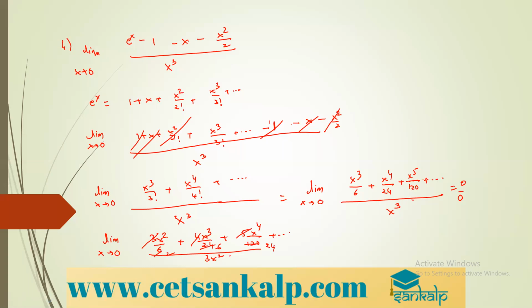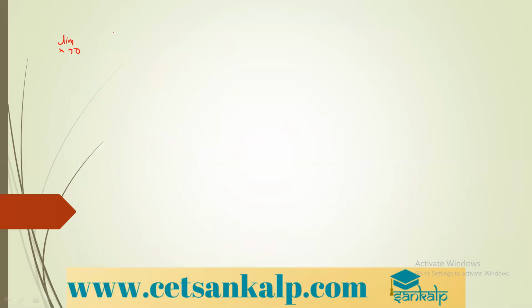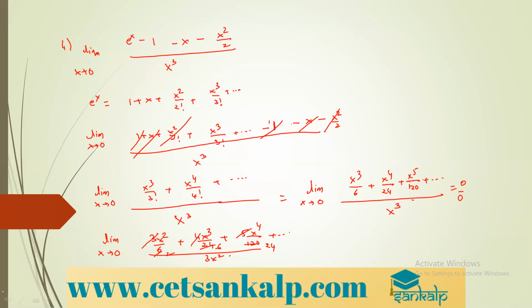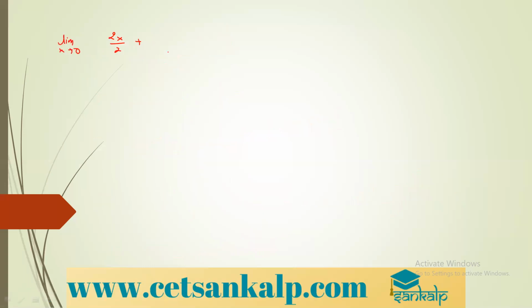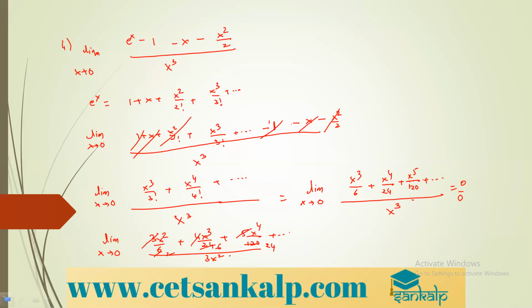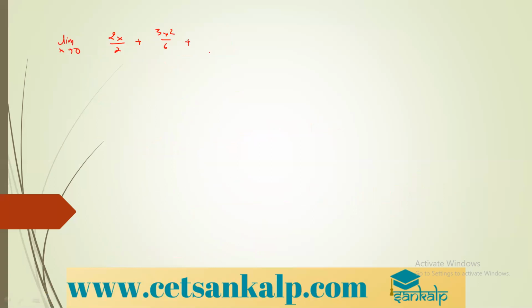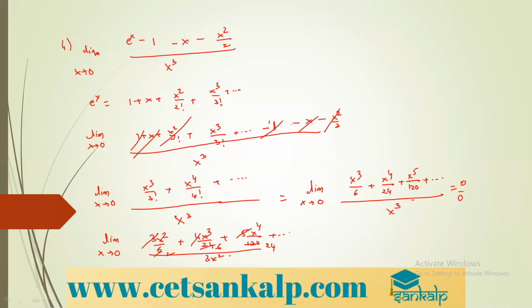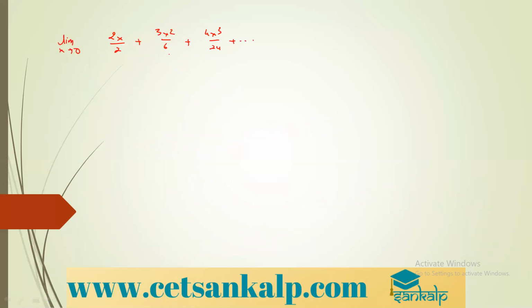So when you apply L'Hopital's rule, in the numerator you have 2x by 2. And then the next term will be 3x squared by 6, plus the next term will be 4x cubed by 24, and then this continues. In the denominator, the derivative is 6x.